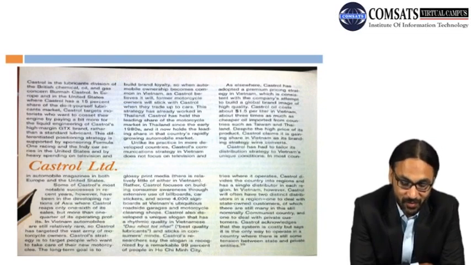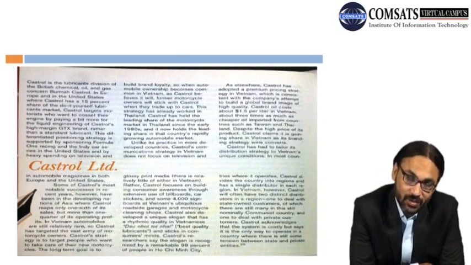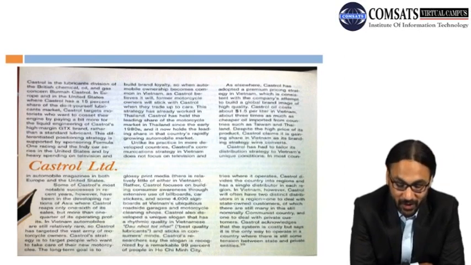Rather, Castrol focuses on building consumer awareness through extensive use of billboards, car stickers, and some 4,000 signboards at Vietnam's ubiquitous roadside garages and motorcycle cleaning shops.